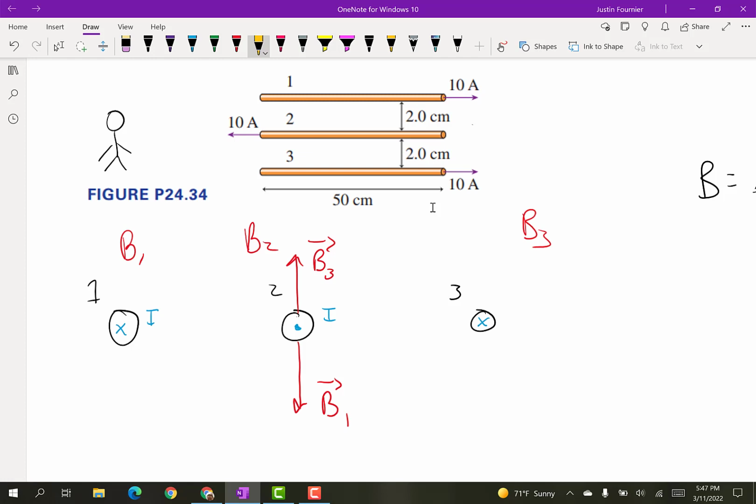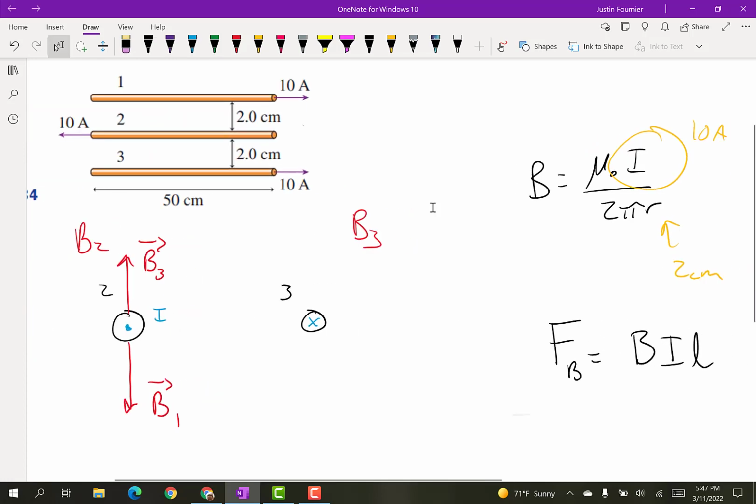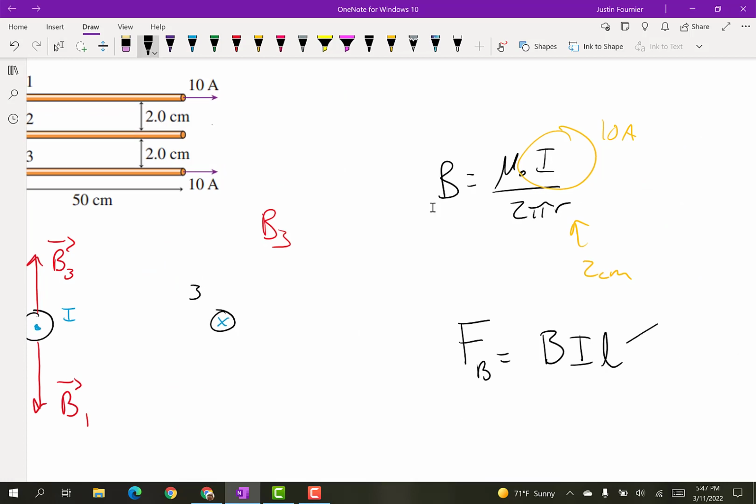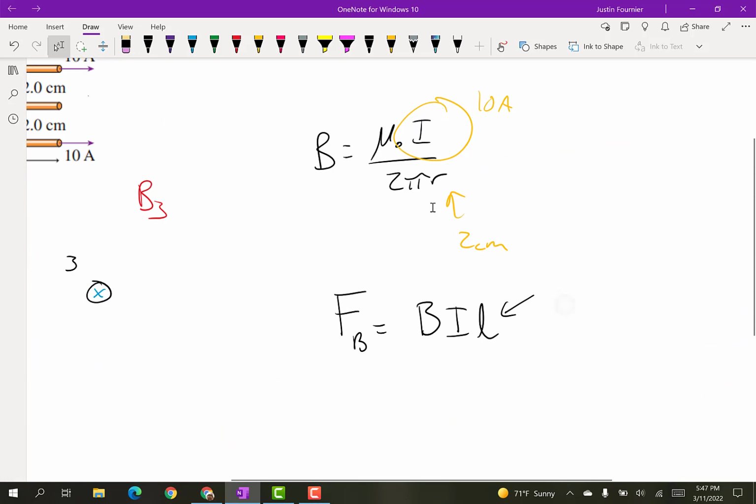I should also mention that to calculate the force, magnetic force is going to be the length of the wire times the current times B, the magnetic field.